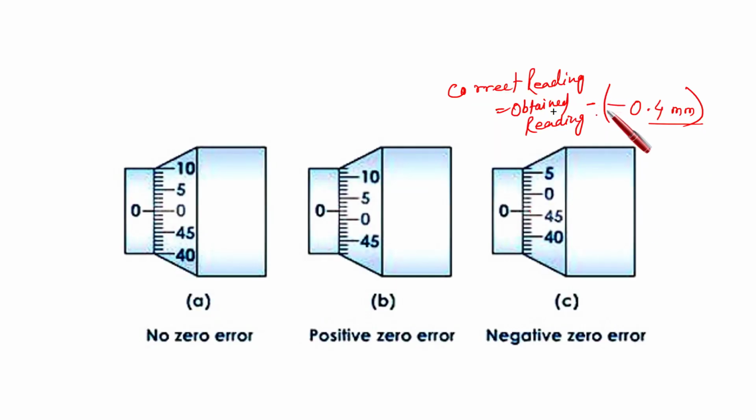So minus minus plus, so in the obtained reading it will be added. So negative 0 error is added, positive 0 error is subtracted. If you can remember this one, that is better. That 0 error, negative 0 error is added, and positive 0 error is subtracted.